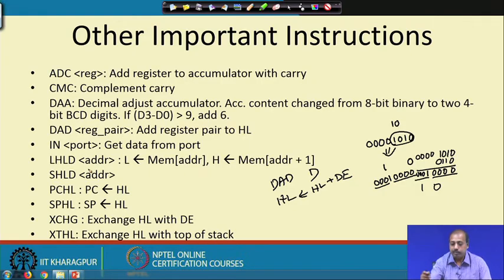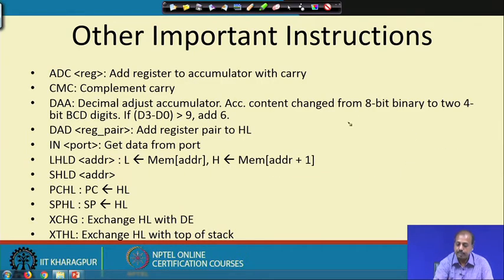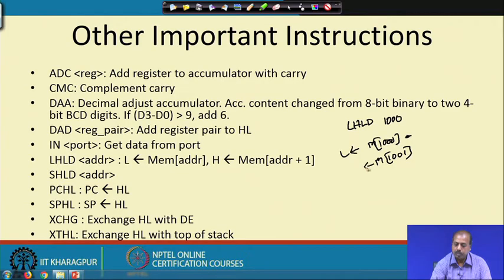For example, if you say LHLD 1000, then the content of memory location 1000 will come to the L register and the content of memory location 1001 will come to the H register. So, this way we can use LHLD. This will load the content of 2 memory locations into the HL pair.